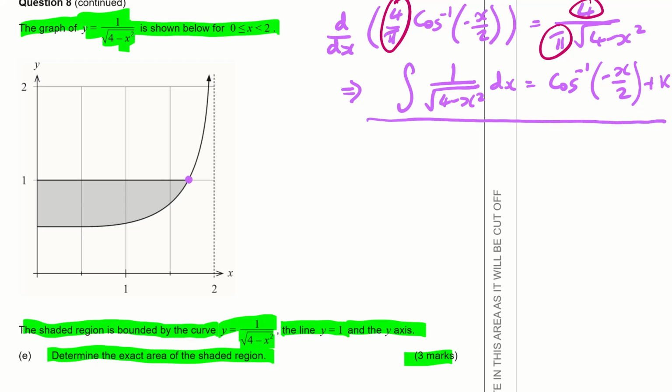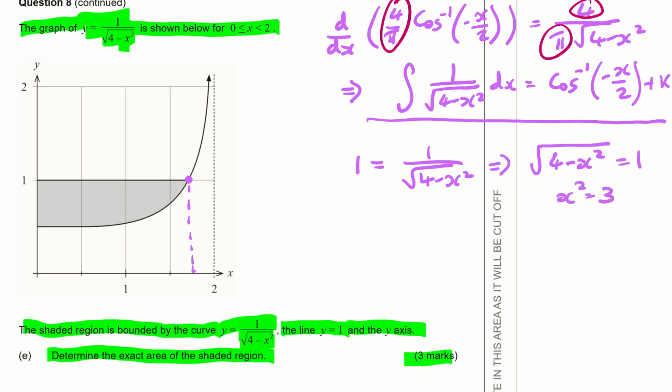We really want this point of intersection just here. So that's where 1 is equal to 1 over the square root of 4 minus x squared, which means the square root of 4 minus x squared is equal to 1. That must mean x squared is 3 because root of 1 is 1, and therefore x is root 3. So this one is going to be at root 3 just there.